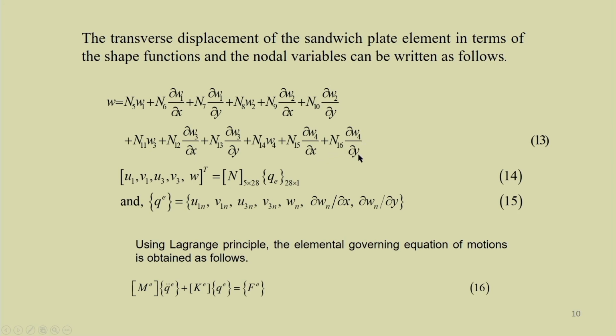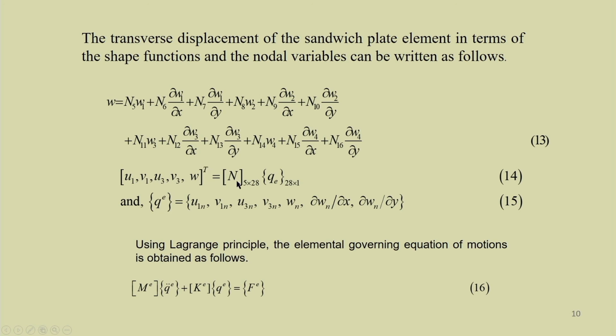So, this way we can write. So, U1 V1, U3 V3, W. U1 V1 is for the top layer, then U3 V3 for the bottom layer, and then W is in the transverse direction.